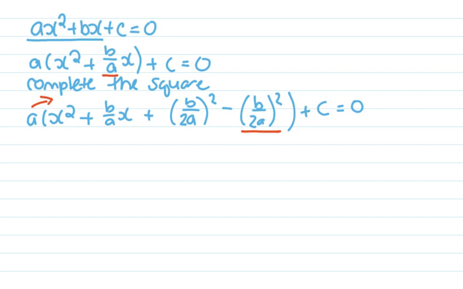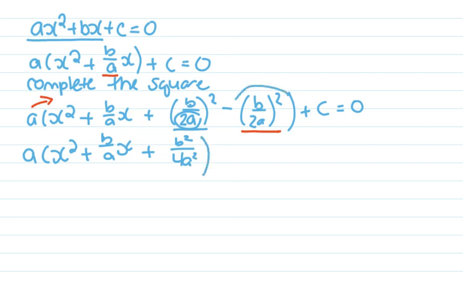So now I have a bracket x squared plus b over a x plus, I'm going to simplify this term, so b squared on the top, and then 2a on the bottom is also squared, so 2 squared is 4, and then a squared is just a squared, end bracket.